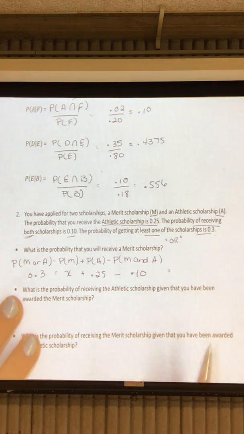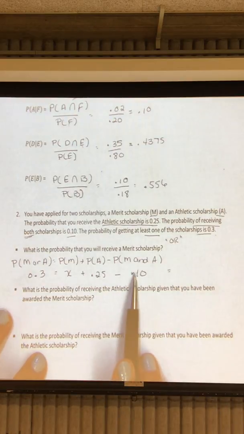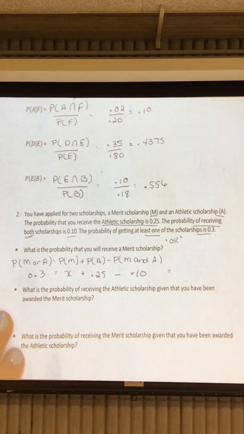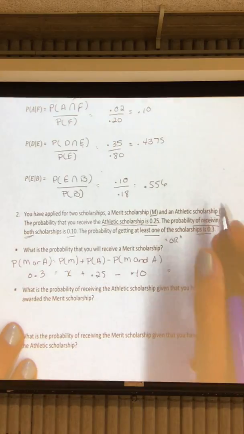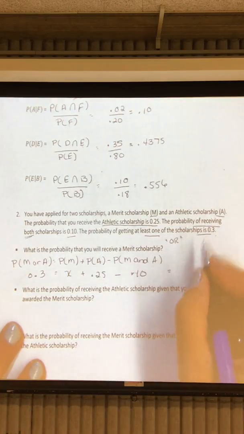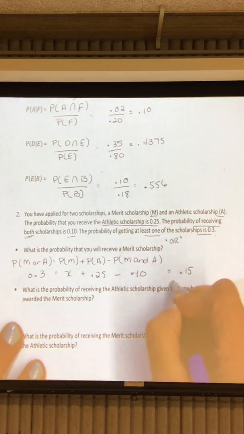So doing a little algebra here, you do the 0.25 minus the 0.10 and then subtract it from the other side. And we found our unknown to be equal to 0.15.